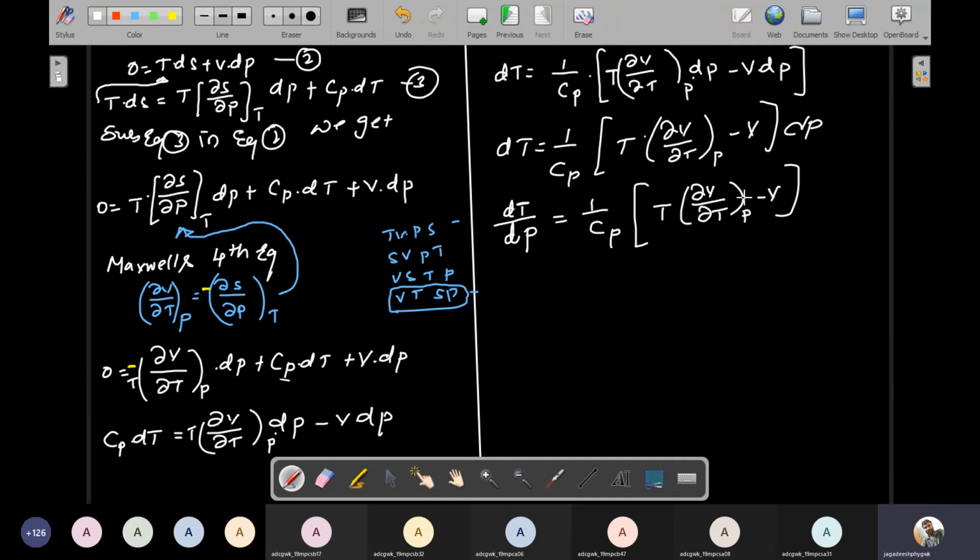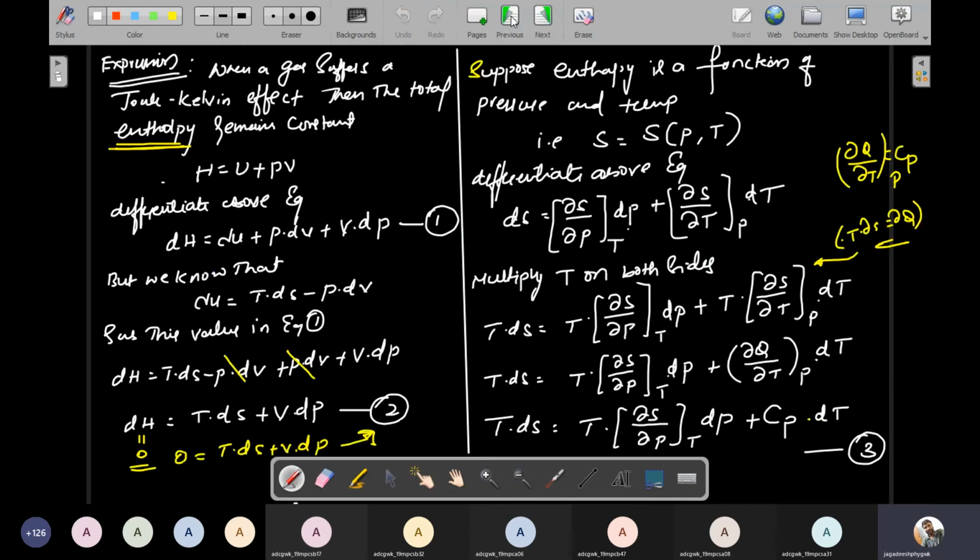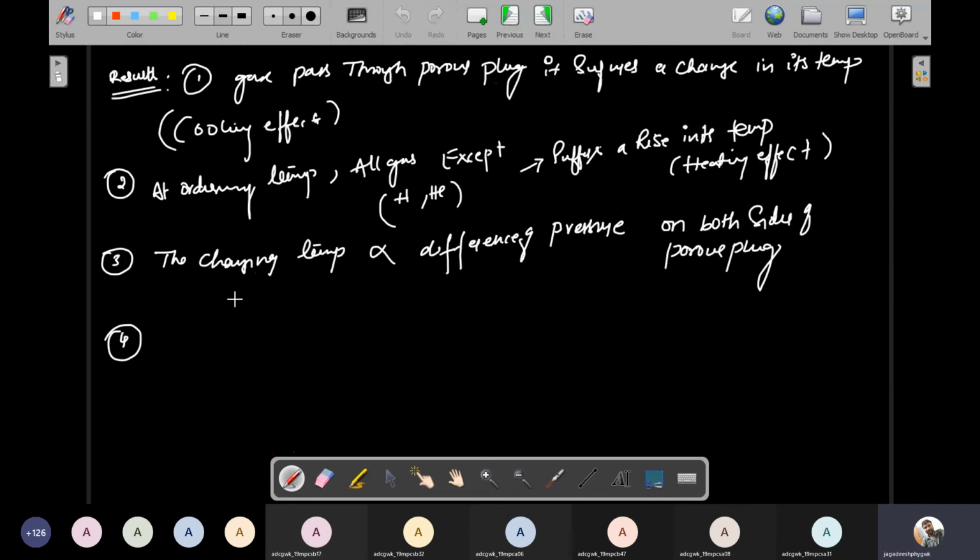So finally, see, the changing temperature with changing pressure. Here one important point: the changing temperature is directly proportional to the difference of pressures on both sides.